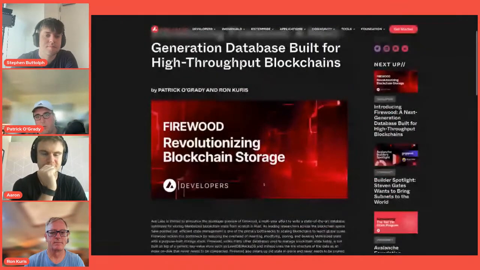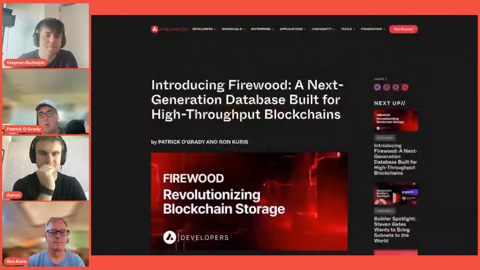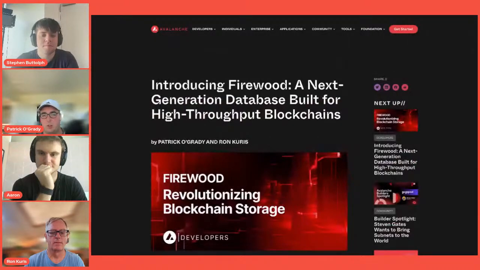Last week, I think on Wednesday, we opened Firewood up to the world under 2 different licenses. There's one Firewood repo, Avalabs/Firewood, which is under the ecosystem license that we've been using for a number of different projects, and then a separate one under the MIT license.